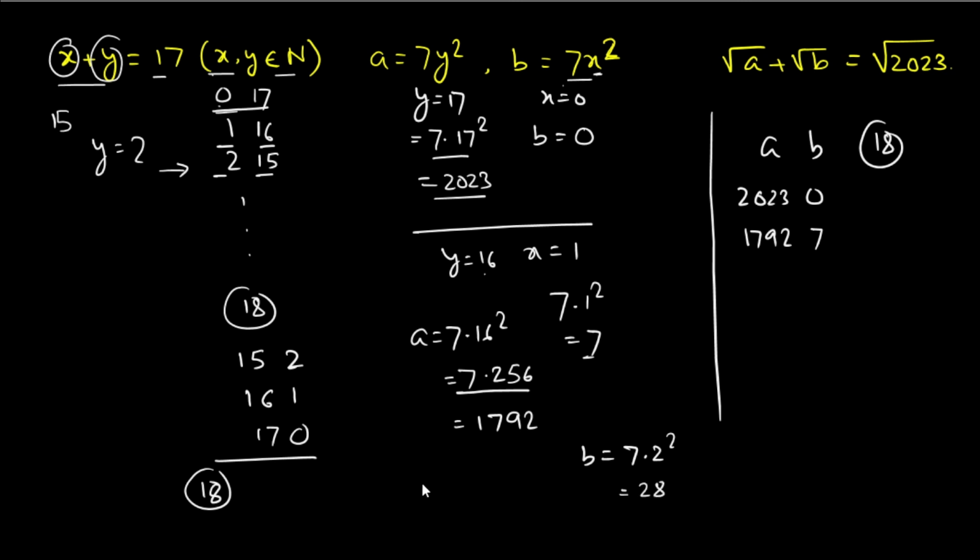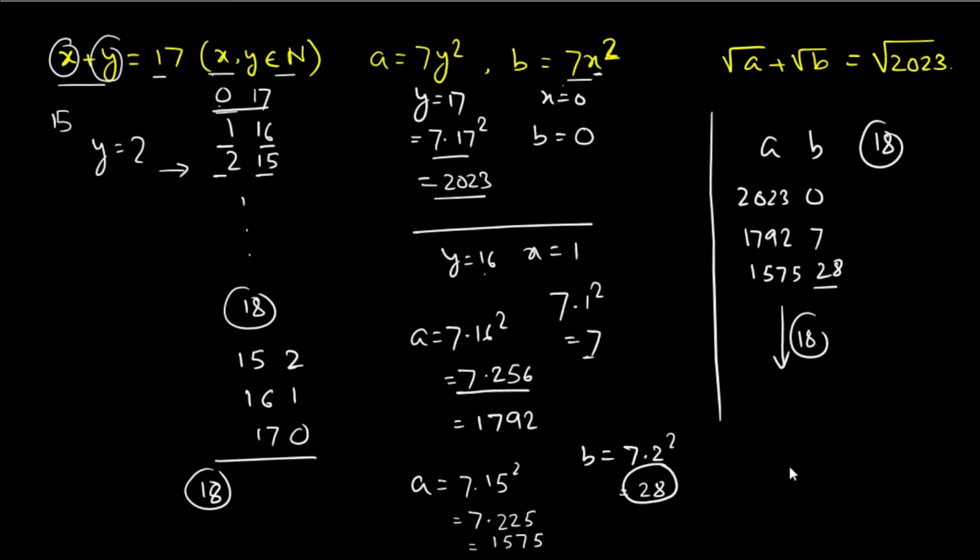And now for the value of a, in place of y we will write 15, so it is 7 times 15 squared. 15 squared is 225, and the value of this term will be 1575. So similarly we will get a as 1575 and b as 28. Similarly we will have 18 sets of a and b, and at the last we will get 0 and 2023.